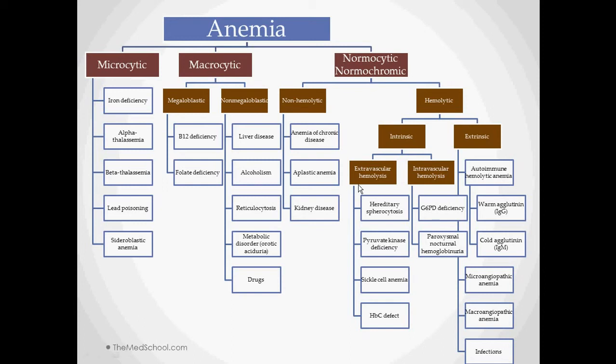And then your normocytic anemias can be broken up into non-hemolytic and hemolytic. So either we're destroying red blood cells or we are losing red blood cells, as sometimes in anemia of chronic disease, or we're just not making enough red blood cells, like in aplastic anemia and kidney disease.